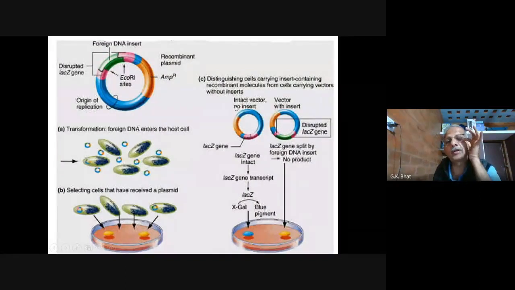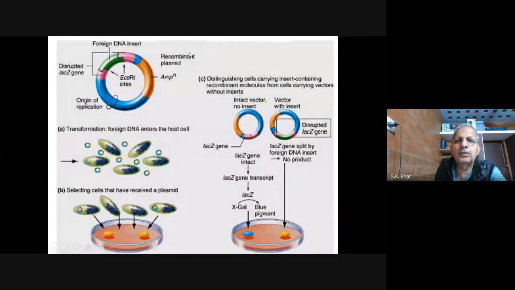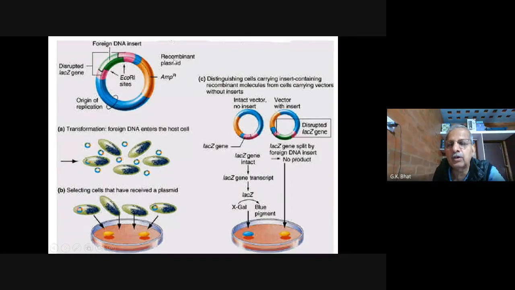This recombinant plasmid with the recombinant gene is tested now, by using another recombinant gene in the lacZ area. You have two types of plasmid: one, recombinant plasmid with the recombinant gene, and another, plasmid without the recombinant gene.